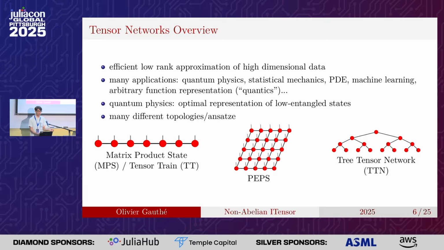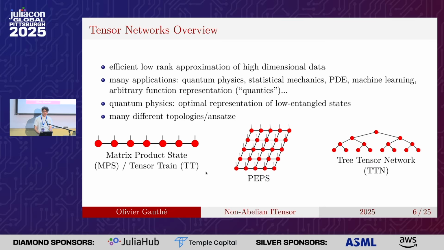I have a faithful representation of any low-entangled state, with a direct relation between the entanglement entropy of the quantum state I'm describing and the bond dimension in my system. And I can use many different ansatz. The most common one is the so-called matrix product state, called tensor train by mathematicians, but there are also PEPS or tree tensor networks, and even more exotic ones.